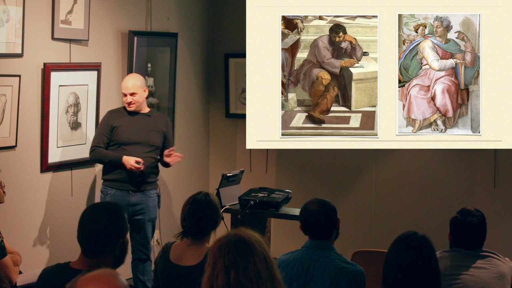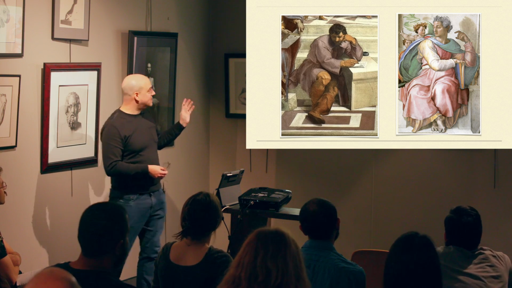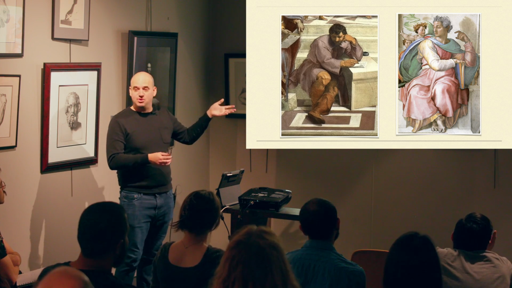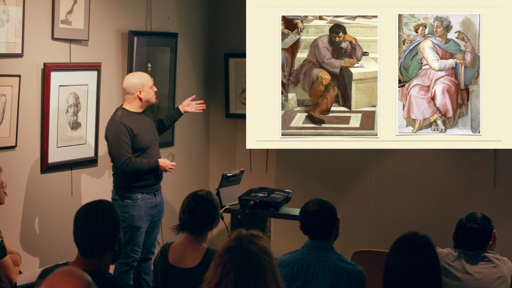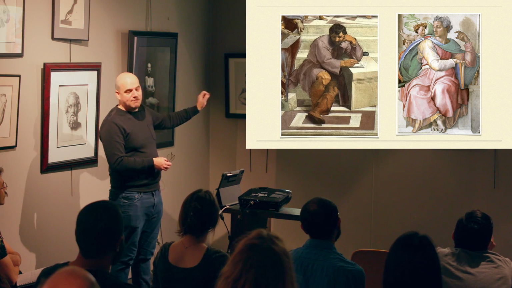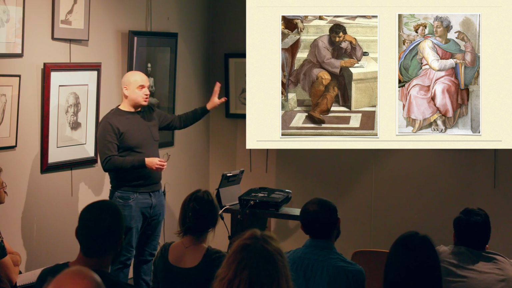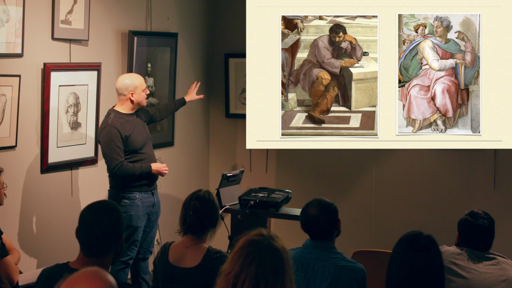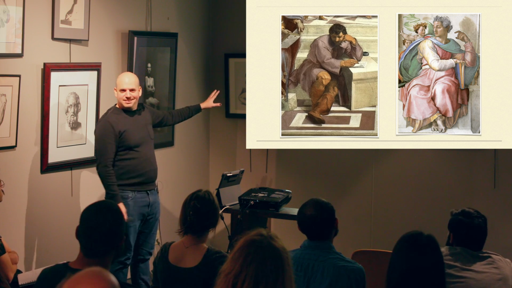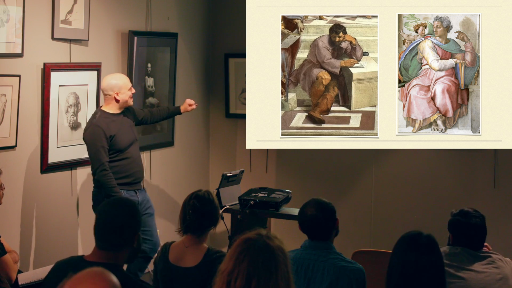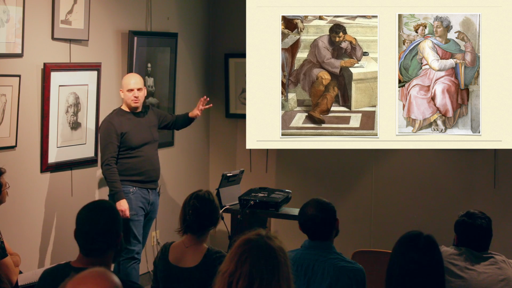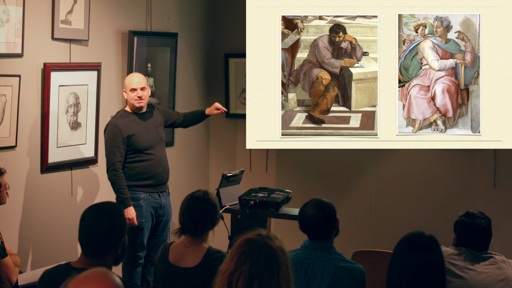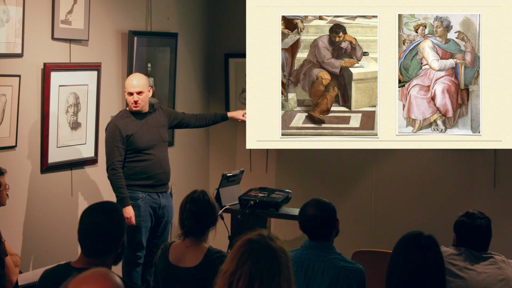So on the left-hand side, we have Raphael. And funnily enough, this is thought to be a portrait of Michelangelo. But it is suspected that Raphael is doing this painting of the School of Athens in the papal apartments, and at the same time, Michelangelo is doing this on the right-hand side.